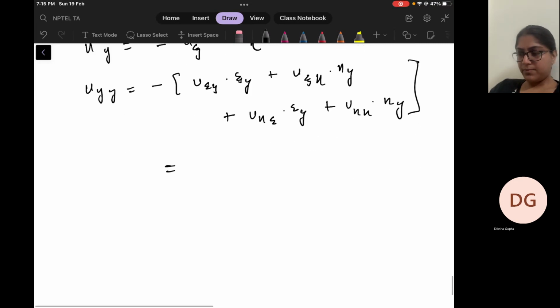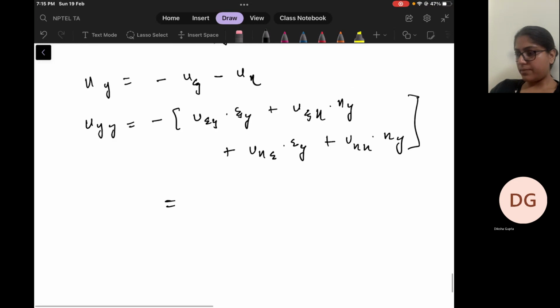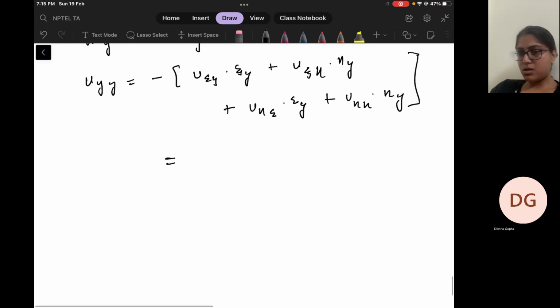If you put the values of epsilon y and eta y, since there is already a minus with eta y and epsilon y, all the minus signs get absorbed there, so you get u epsilon epsilon plus 2u epsilon eta plus u eta eta.